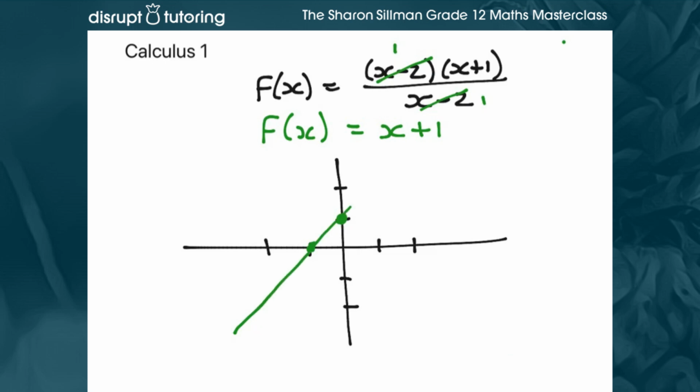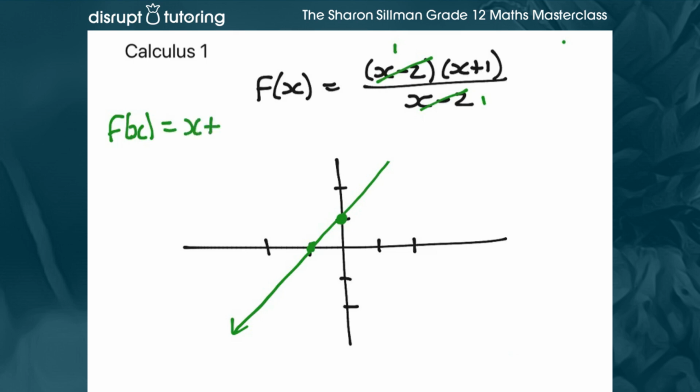Normally, I'll explain shortly why I'm saying normally. So we said f of x was equal to x plus 1, and we're drawing in our line, and that's what it would look like.